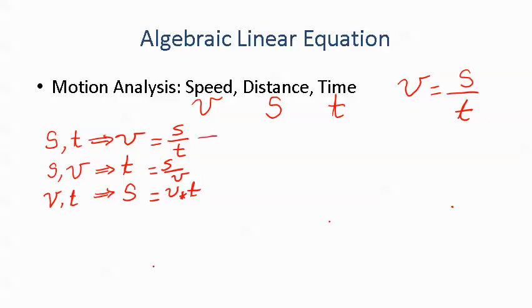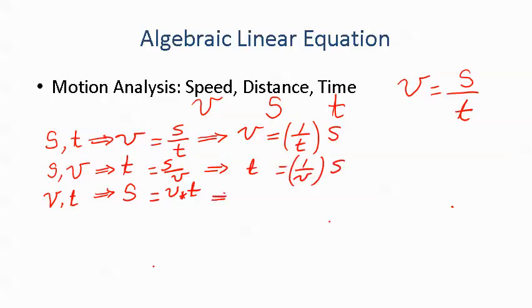So in the first equation, if the distance traveled is the independent parameter and the speed is the dependent parameter, then the slope is 1 over t. In the second equation, the slope is 1 over v.